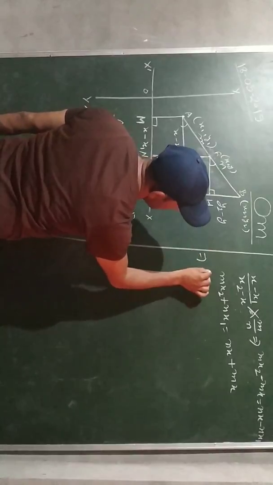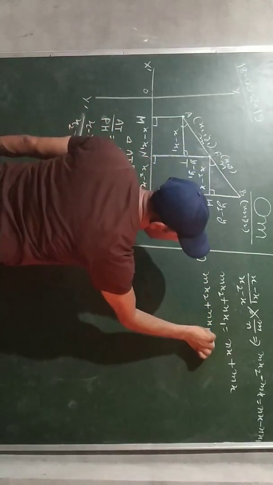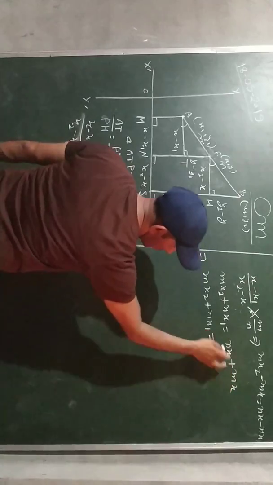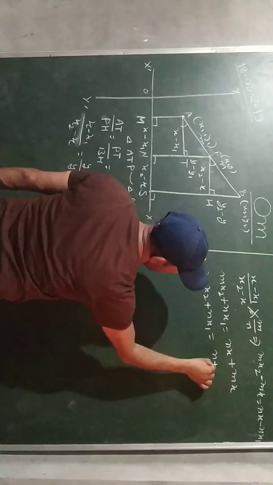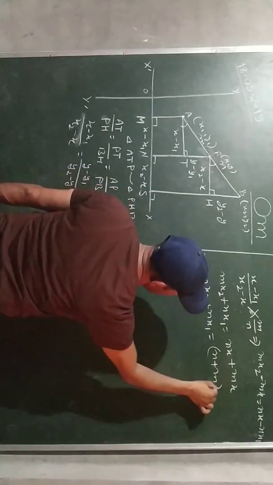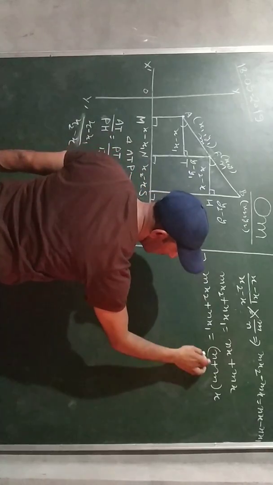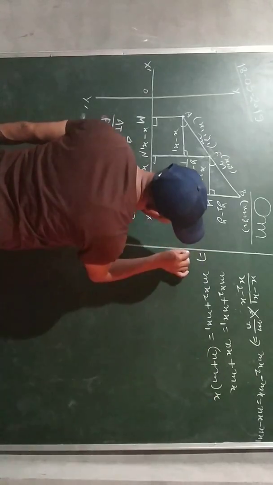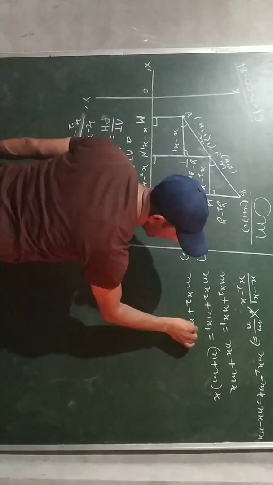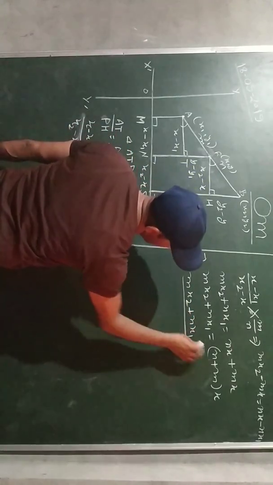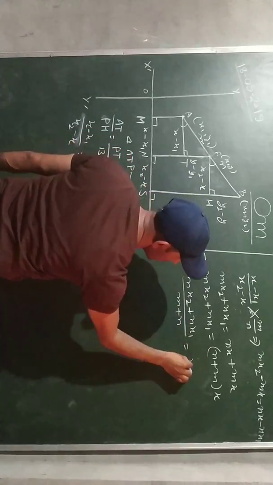Taking x common, m x2 plus n x1 is equal to (n plus m) into x. Dividing by n plus m on both sides, m x2 plus n x1 upon m plus n will be equal to x.